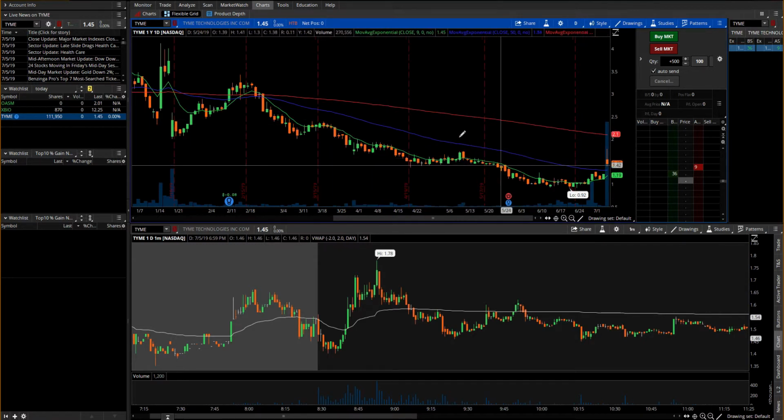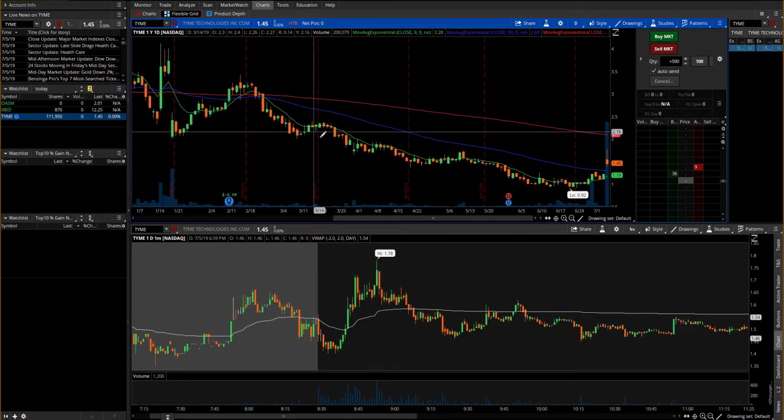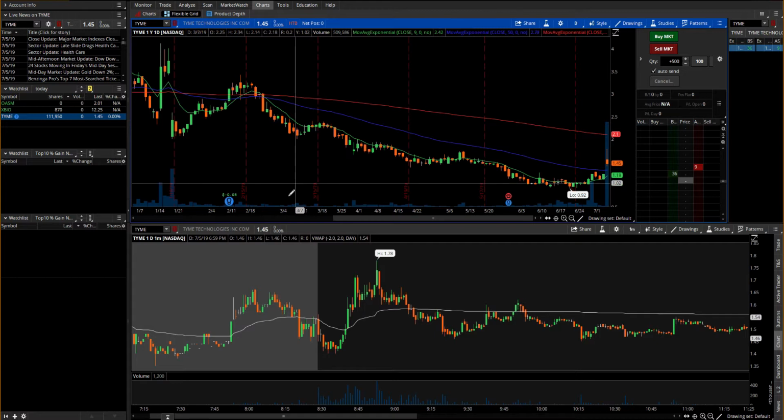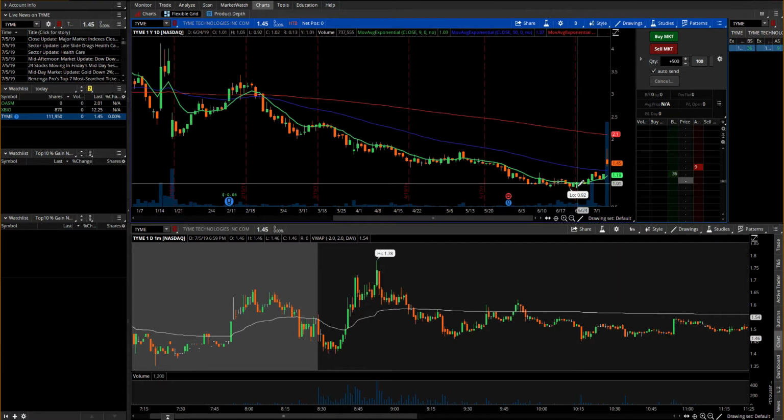In the case of TYME, you can say it was below this 50-day EMA, and it was below this 9 EMA for this many days. All the way back here, you see 3/4/2018. Back there around 2:25, you see it cracked below all 3 EMAs, and it's been below them all the way up until July.